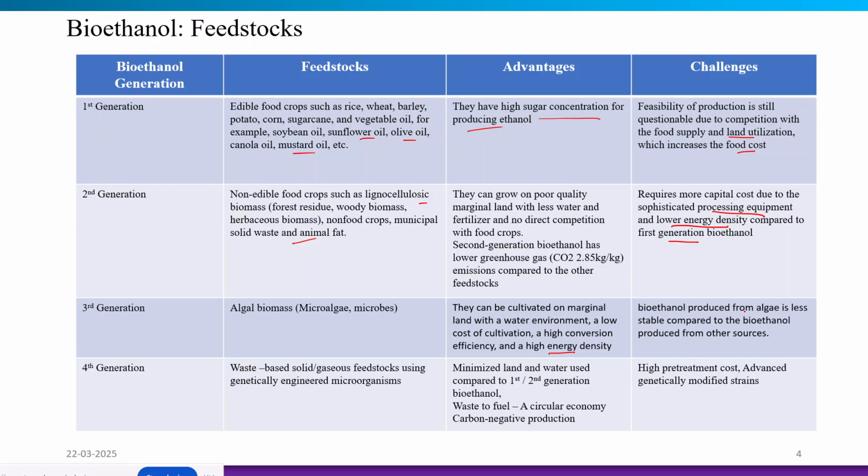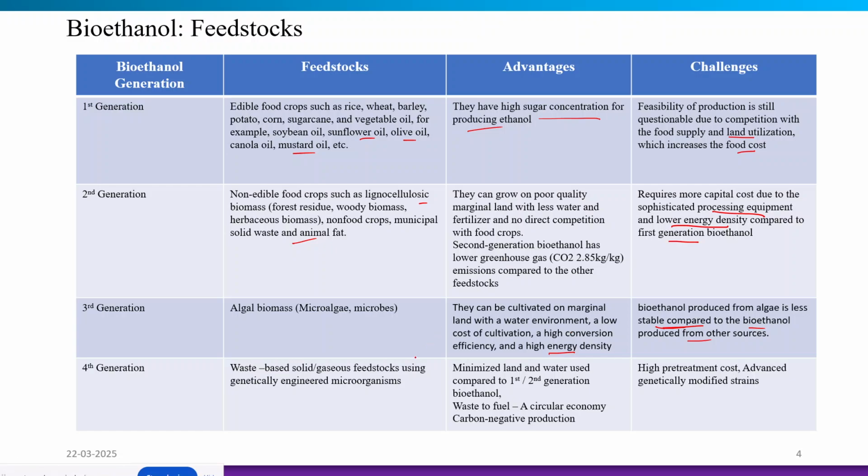Here the bioethanol produced from the algae is less stable due to their compositional variation, and the bioethanol produced from these algal biomass sources is comparatively less stable than the other generation wise bioethanol production.